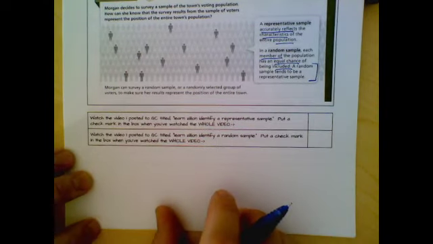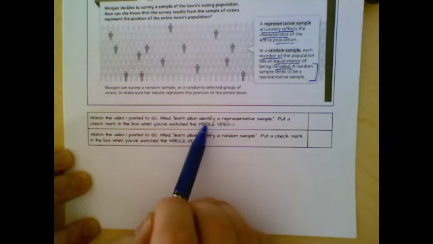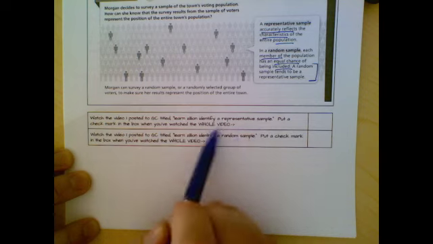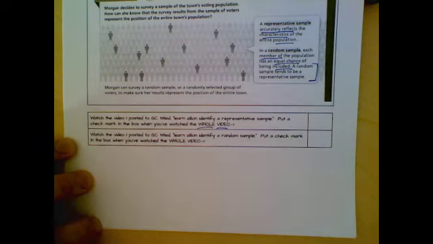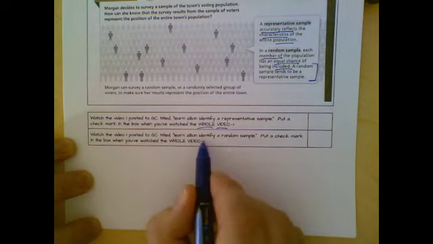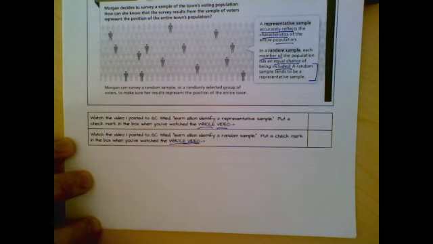On Google Classroom, I posted 2 videos. One is called Learn Zillion, Identify a Representative Sample. You're going to watch that whole video, and then put a check mark here when you're all done. Then you're going to watch a second video called Learn Zillion, Identify a Random Sample. And again, put a check mark in this box when you are all done.